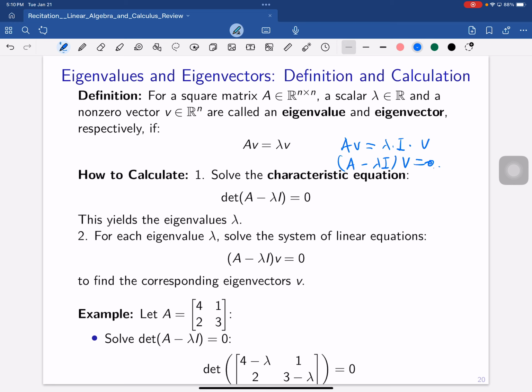Otherwise, v must be a zero vector. So you can solve this, what is called the characteristic polynomial, to get the eigenvalues. And then you can plug the eigenvalue in to get the corresponding eigenvectors. Okay, so you could do some simple exercises just to familiarize yourself with it. Any questions so far?